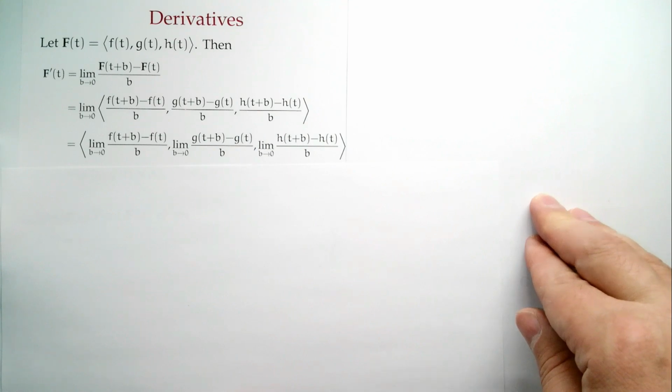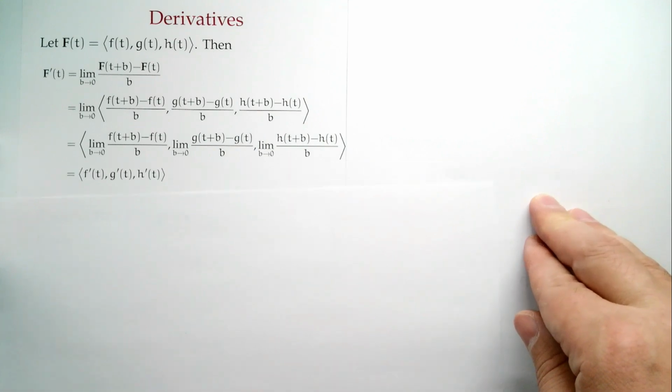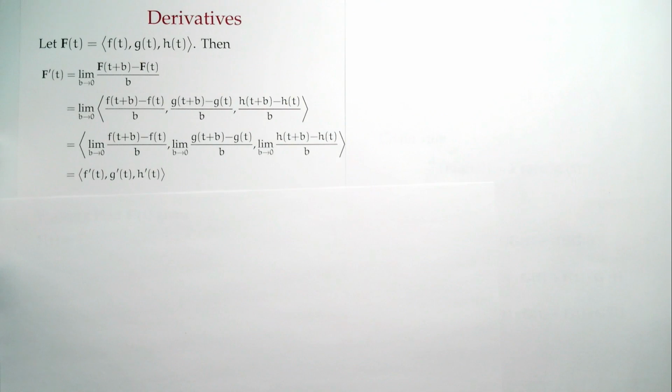Which means that if you can take the limit of each entry, what you get out is the derivative of each entry. So if I want to take the derivative of a vector valued function, I go through and I say, let me take the derivative of the first entry. Let me take the derivative of the second entry, and so forth and so on. However many entries there are. Could be 2, could be 3. You could go into some advanced class and have more than 3. I don't know why, but okay, that's fine.